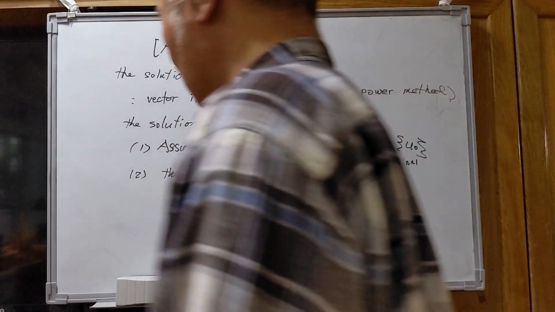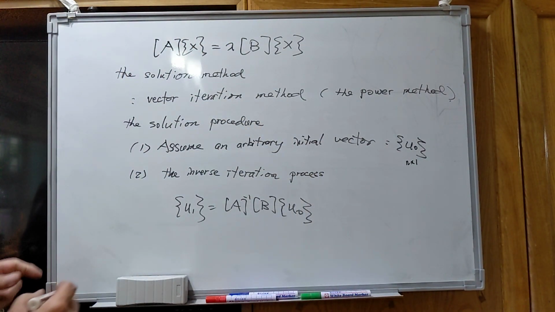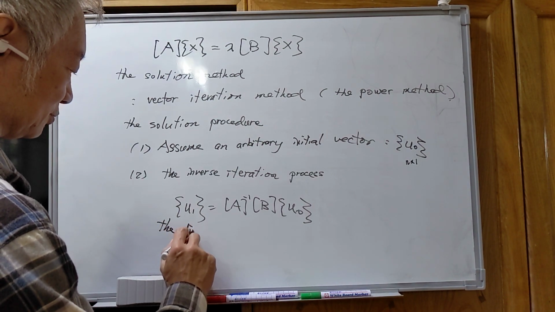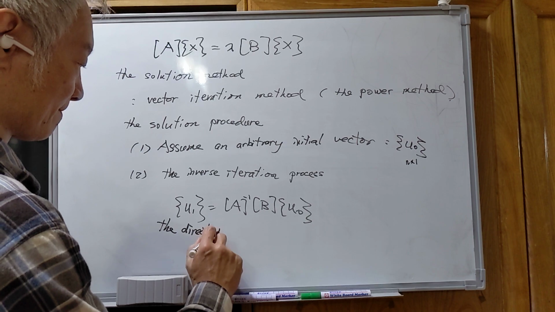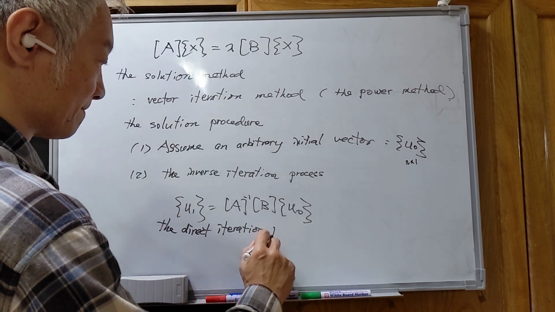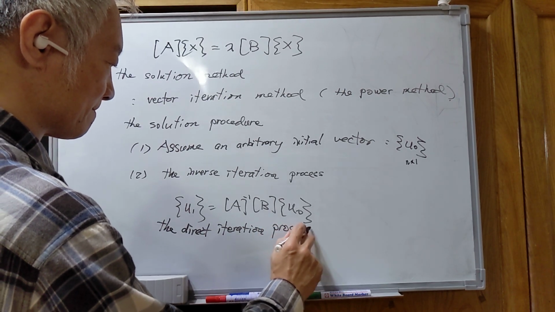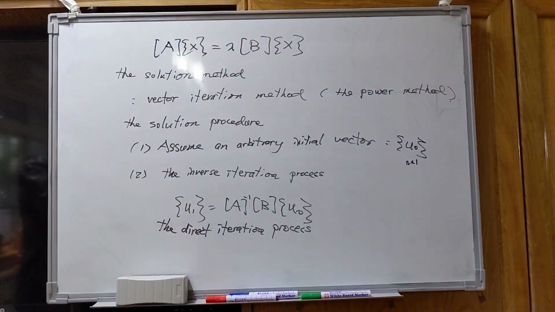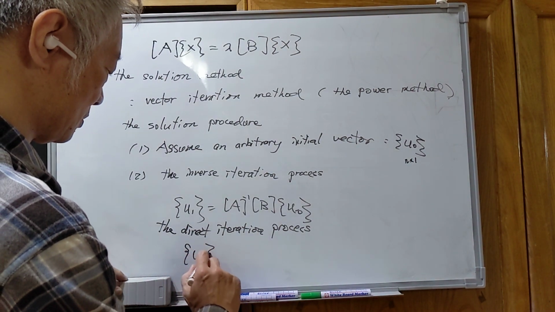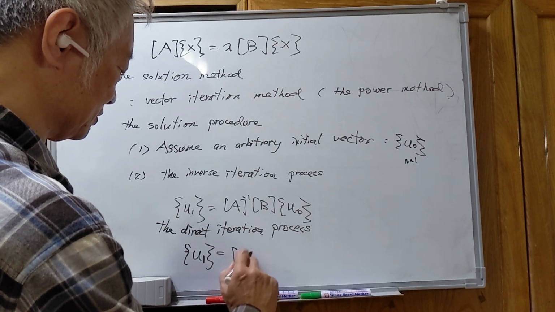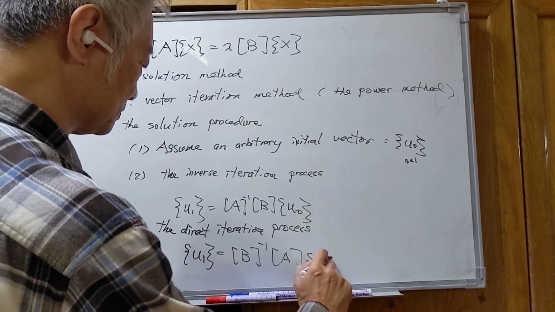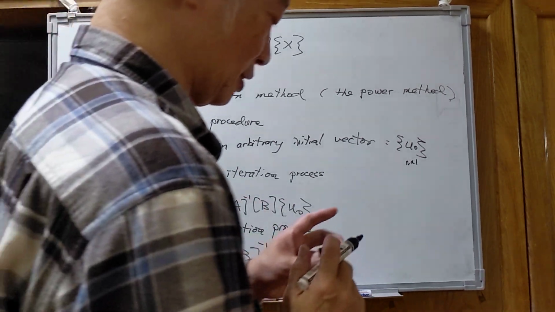And also there is another iteration method which can be called the direct iteration method. If we use the direct iteration method, then the U1 will be the B inverse A U0.